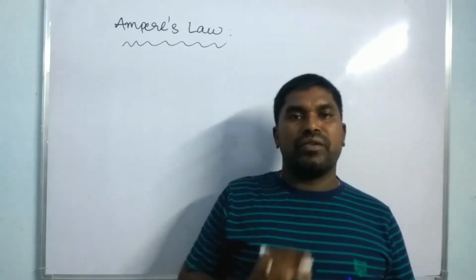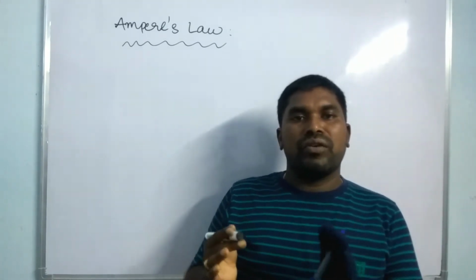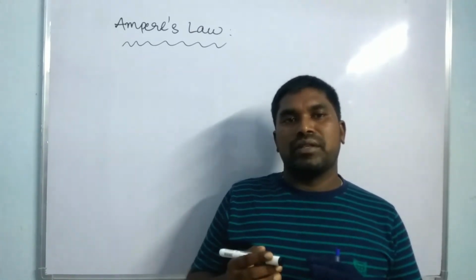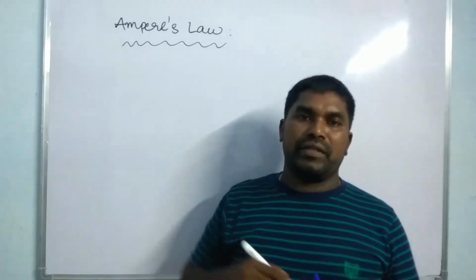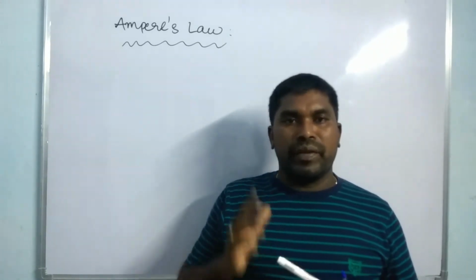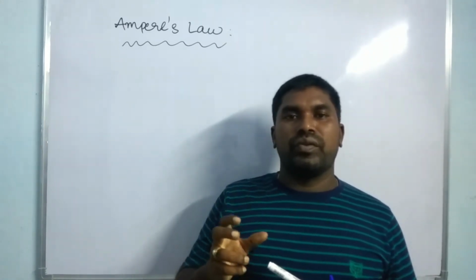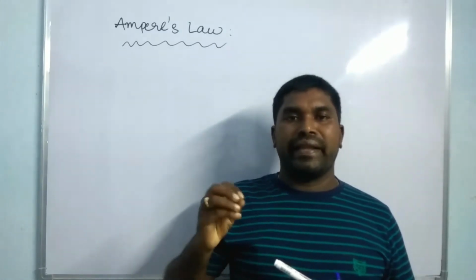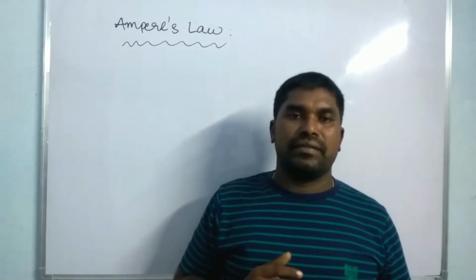In our previous session we discussed how we can find the magnetic field by using the Biot-Savart law. So what is the purpose? There is a Biot-Savart law, still we have to use Ampere's law. Ampere's law is used to find the net magnetic field at any point from the current carrying conductor.